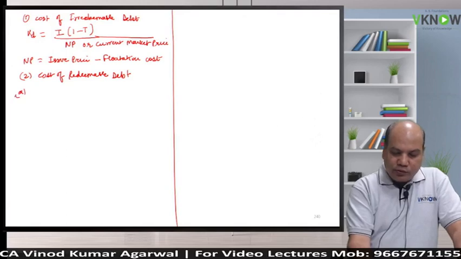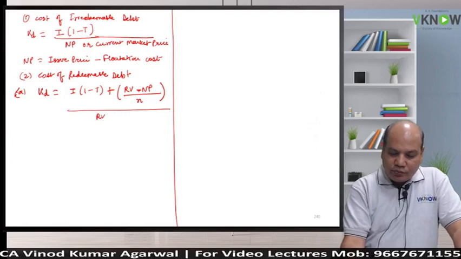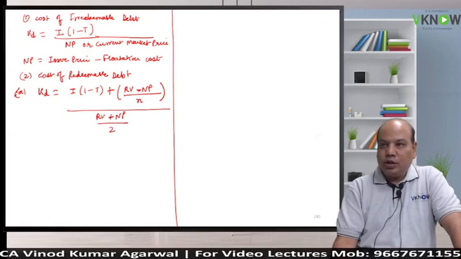The first formula is KD is equal to I into 1 minus T plus RV minus NP divided by N, and this whole thing divided by RV plus NP by 2. What is RV? Redemption value. If redemption value is not given, then it is assumed to be at par.